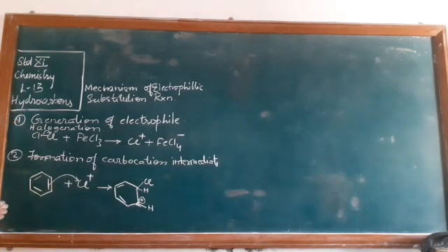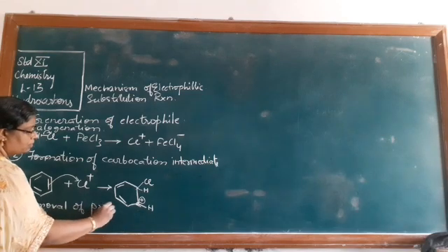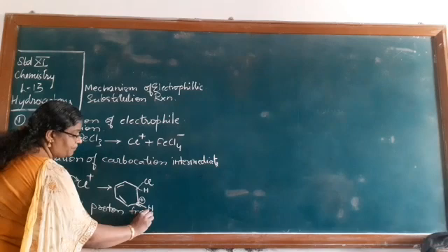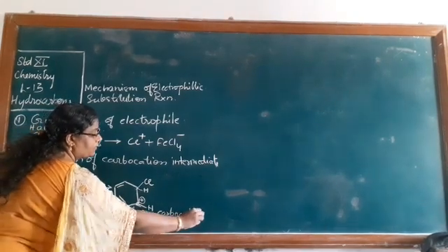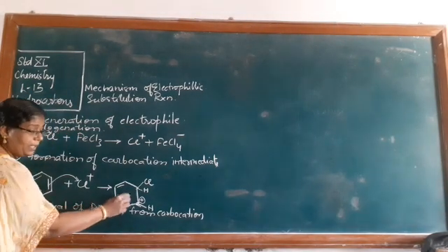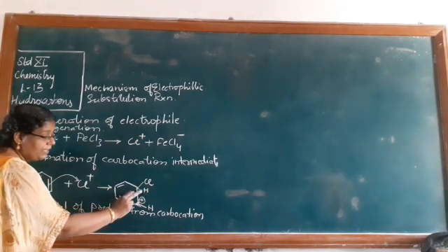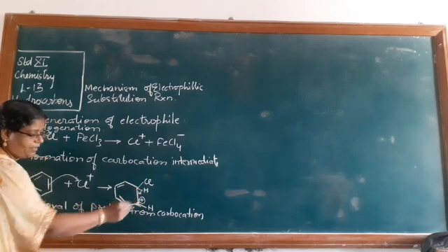Now what happens? The third step is the removal of proton from the carbocation. Now what happens here? This is your carbocation. A proton is removed from here. How will it be removed? This pair of electrons is given back here.